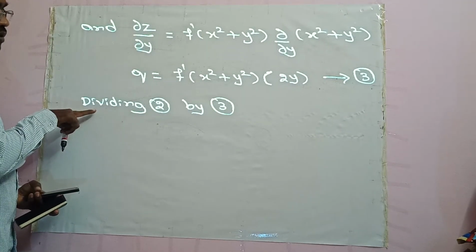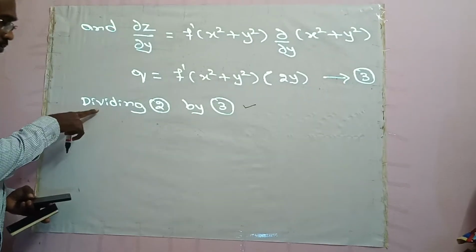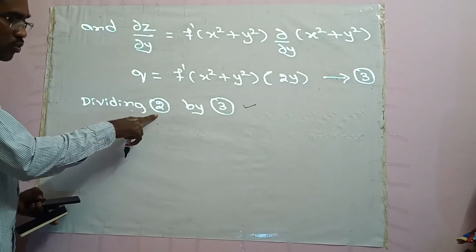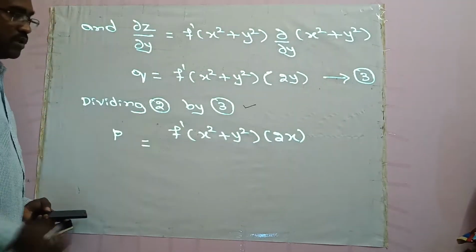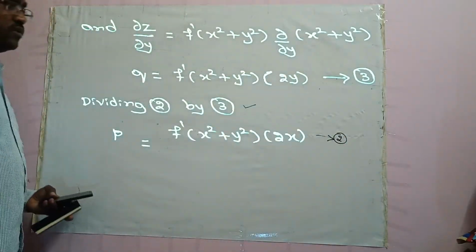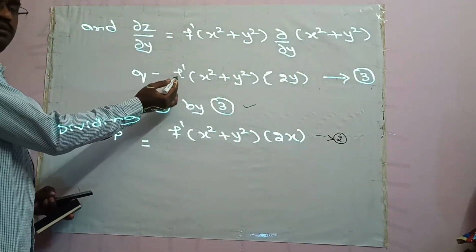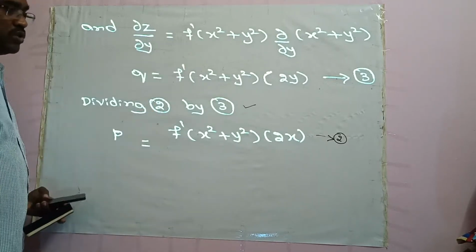If you apply this operation between equation 2 and 3, dividing equation 2 by 3. So what is equation 2? This is our equation 2. Finally, what is our aim? We need to eliminate f from the picture.